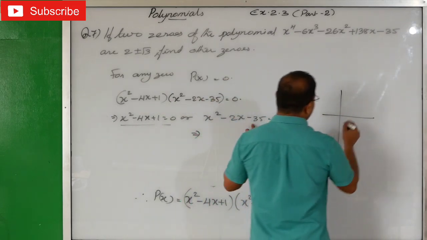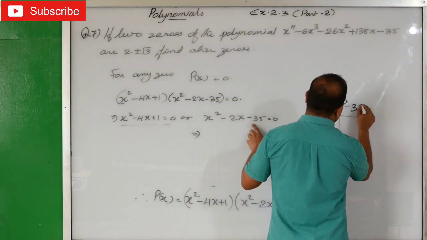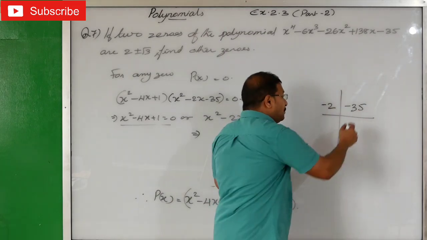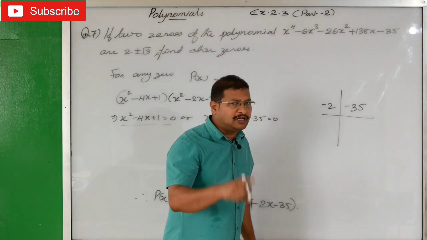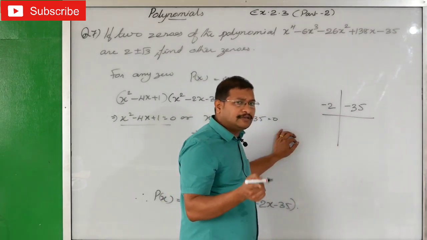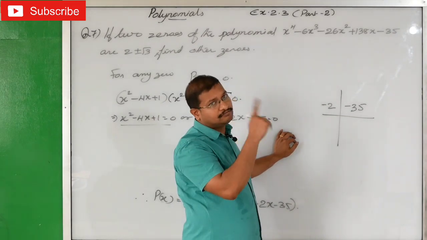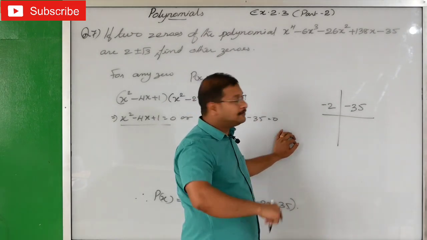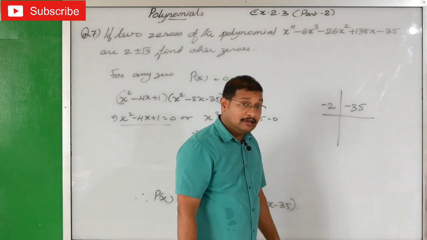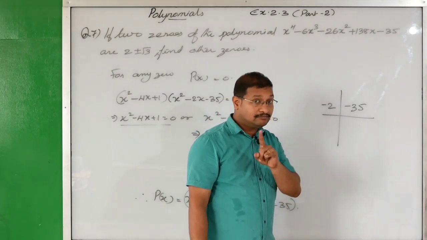What is that? The multiplication side minus 35, addition or subtraction will be minus 2. Multiplication place, if you get minus, surely one of the numbers is minus. 35 means 7 5s are 35, and 7 minus 5, 2. Isn't it? See, 35 means 7 5s are 35 and 7 minus 5, 2.